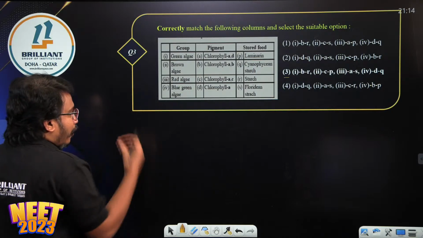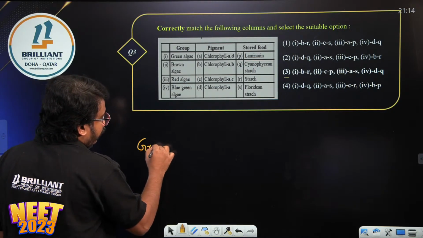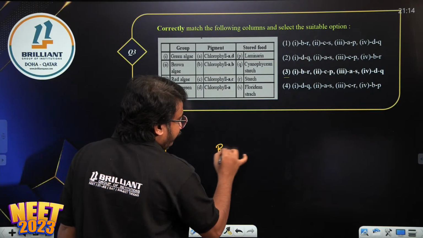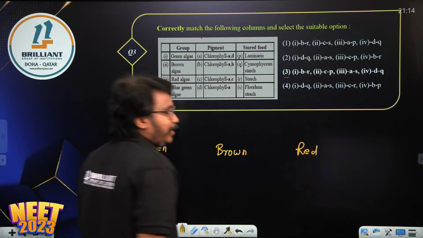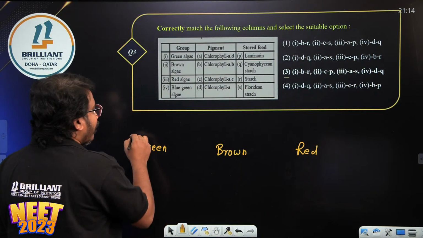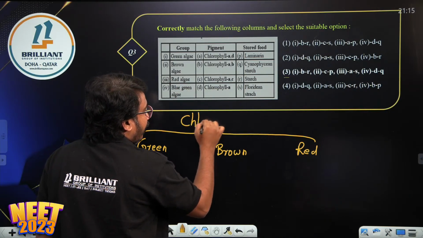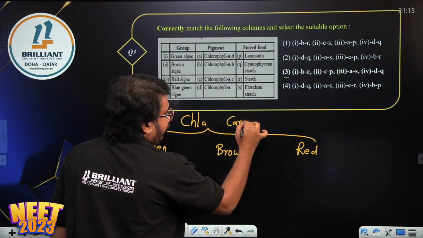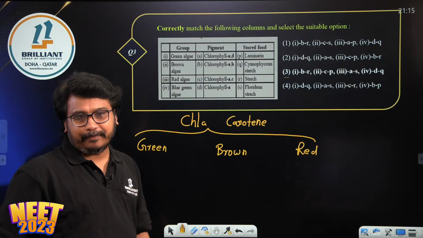Understand, in all the algae, whether it is green algae, whether it is brown algae, Phaeophyceae, and whether it is red algae, Rhodophyceae, in all the three algae, two pigments are common, that is chlorophyll A and carotene. These two pigments are common in these three algae.